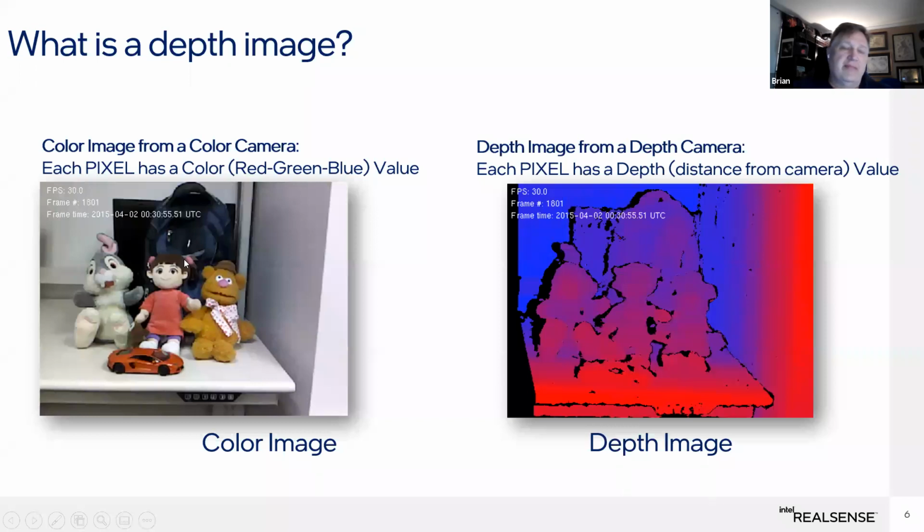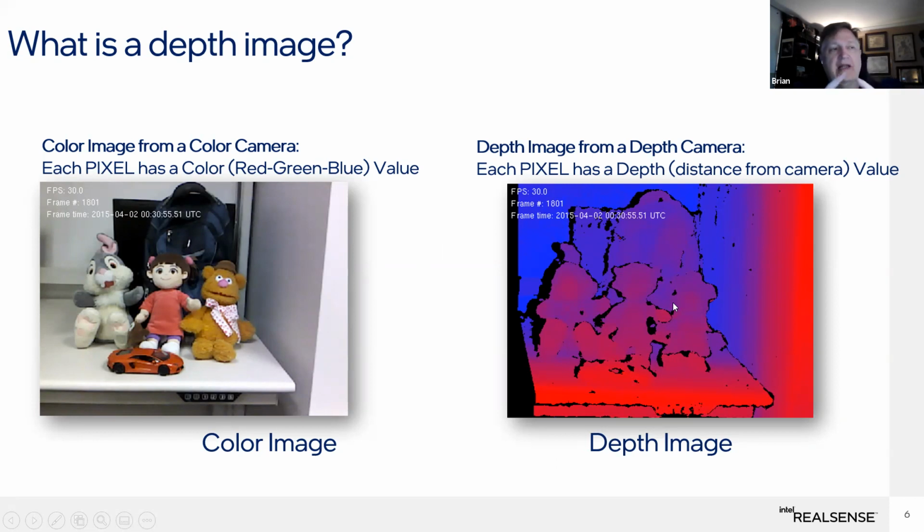What does even the depth image mean? Well, what we do is each pixel in a 2D camera has a color value, an RGB. Everybody understands RGB. So the red's red, the browns are brown, the blacks are black. What we do with depth, and what we call a depth image, is not only do we take all of those pixels, we take those pixels and we go to the subpixel level, and we figure out the depth of those subpixels.